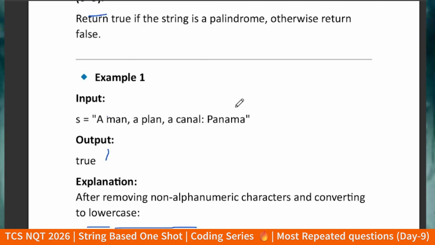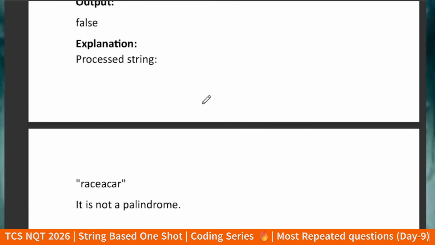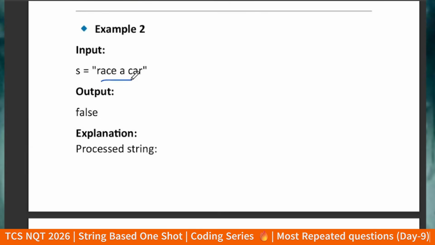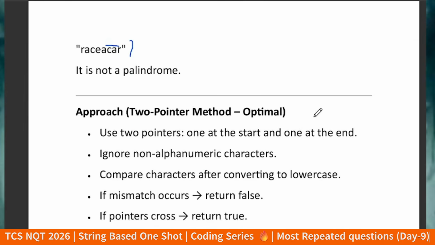If so, you just print true, otherwise false. When I process the string "race a car", it will not be a palindrome, because when you read from the backward, it will be "acar ecar", not "race a car", so it will not be a palindrome.